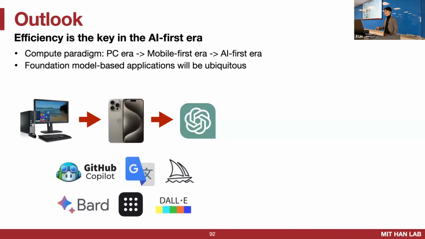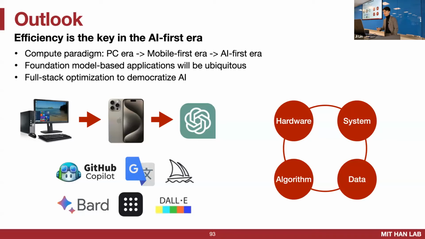For example, people are even arguing you should use AI for operating systems. These foundation model-based applications will be ubiquitous, from code completion to translation, image generation, and even AI-assisted search engines. Full stack optimization is key to improving efficiency and democratizing those AI applications.